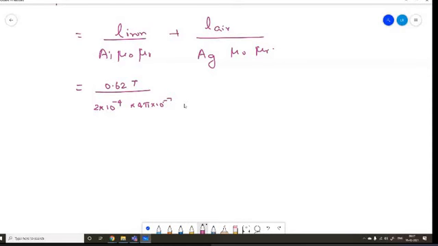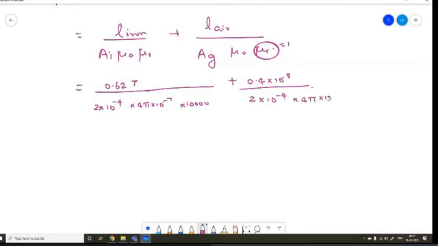For the air gap, you will be taking mu r to be 1. So this will be 0.4 into 10 to the power minus 3 divided by, here again the area of cross section will be the same, into 4 pi 10 to the power minus 7. So you can check these calculations.